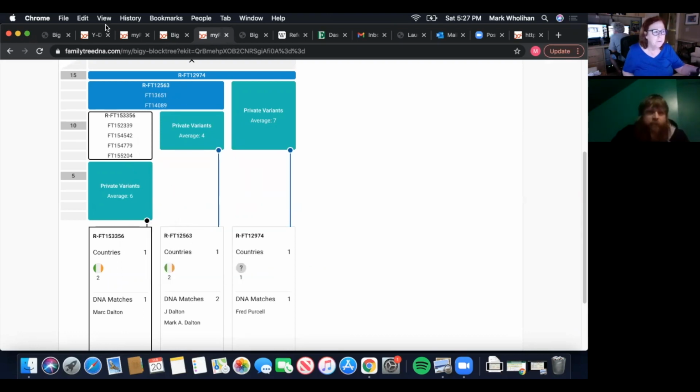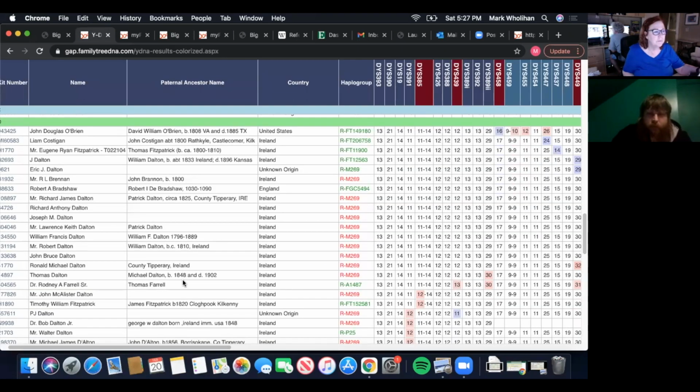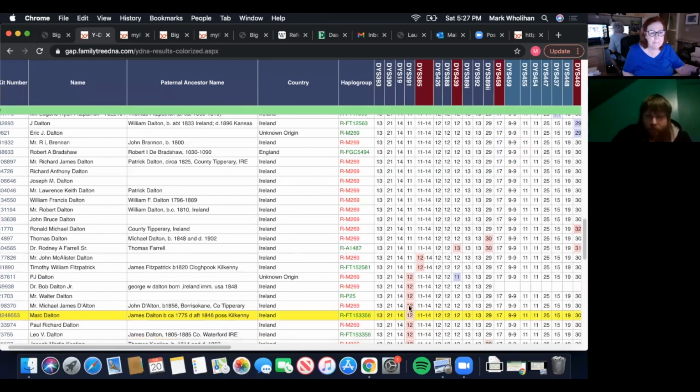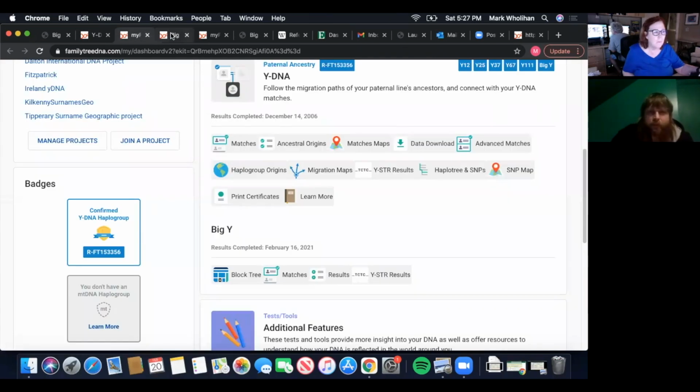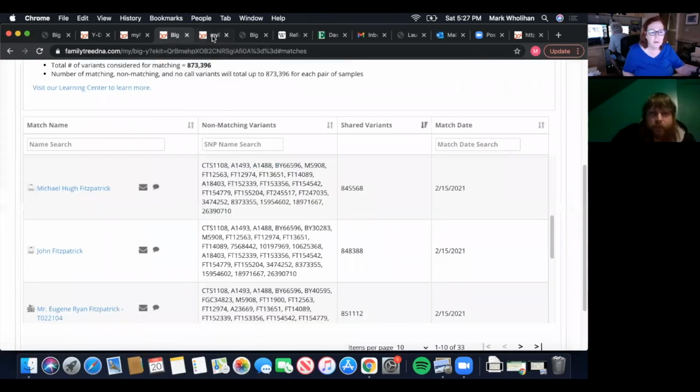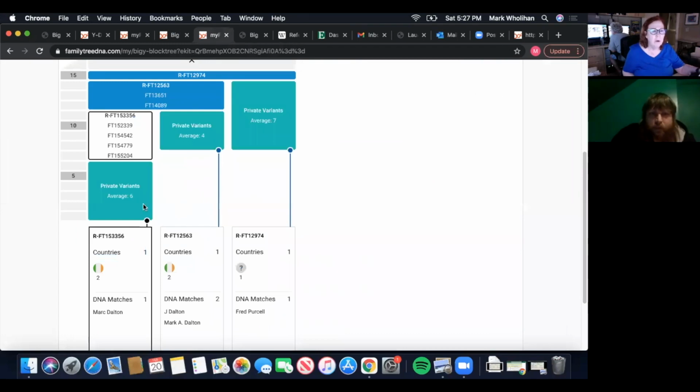So maybe one of these people that we were just talking about that are close in STR patterns, they might be a fifth or a sixth cousin that you're unaware of. Well, I know who the most likely closest match is, and that's from paper trail research.